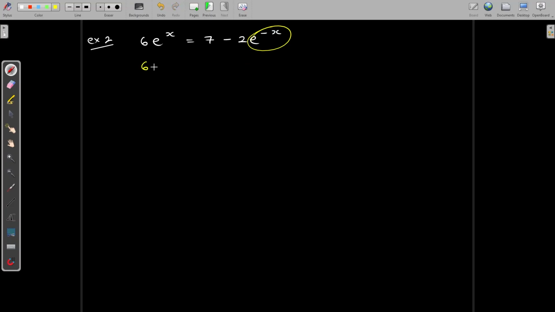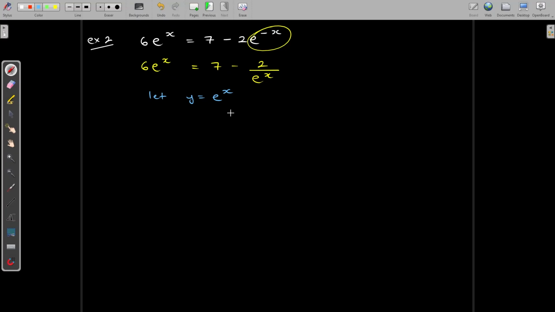Yes, sir. So we have 6e to the x is equal to 7 minus 2 over e to the x. So now we can say let y be equal to e to the x.